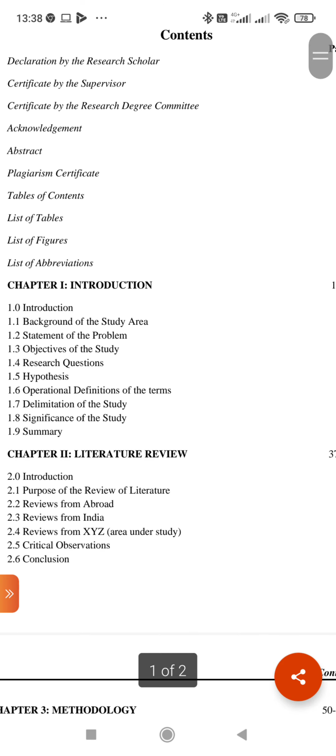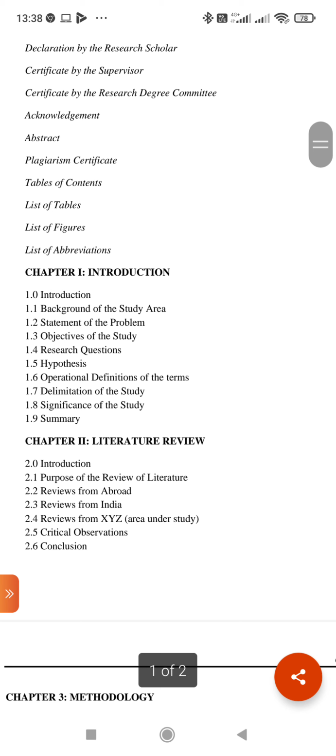Now coming to the introduction part, that is chapter 1. You have to keep in mind that the heading and the subheadings will depend entirely upon your topic. So this is just a sample of how you can construct it.